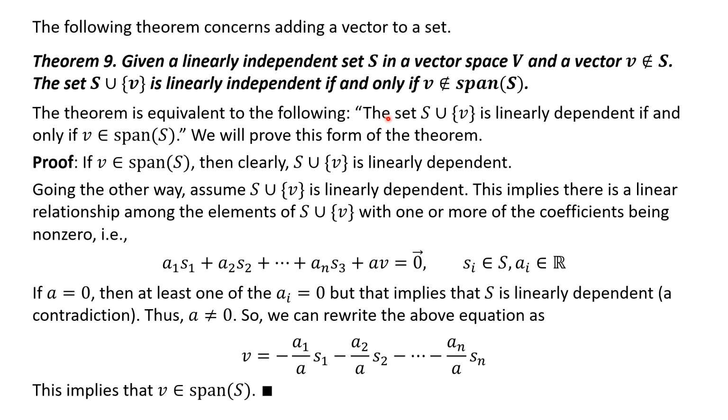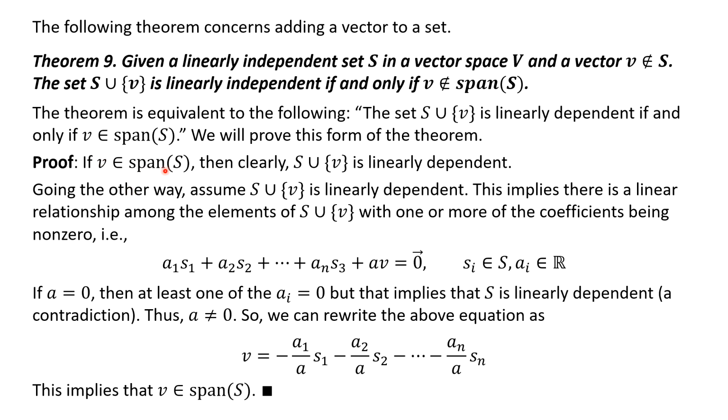This is sort of the negation of it, but we're going to prove this version of the theorem. The set S union v is linearly dependent if and only if v is an element of the span of S.